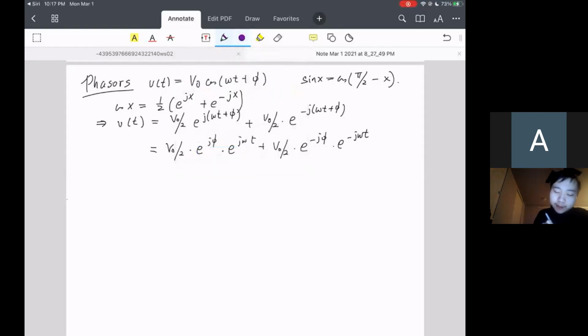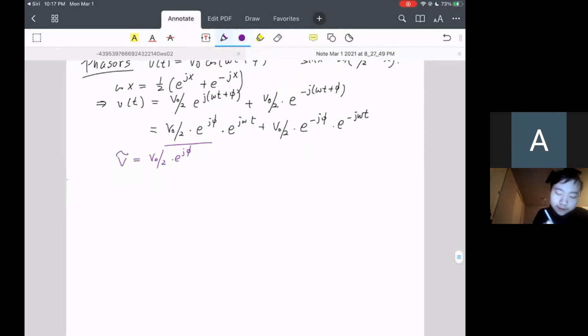We now let this term be the phasor representation of the original input V. So we say that V tilde is equal to V0 over 2 times e to the j phi. This is a definition. We define this as the phasor representation of the same input.